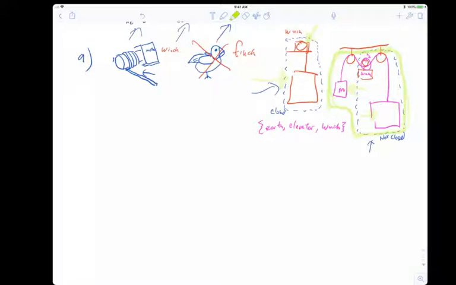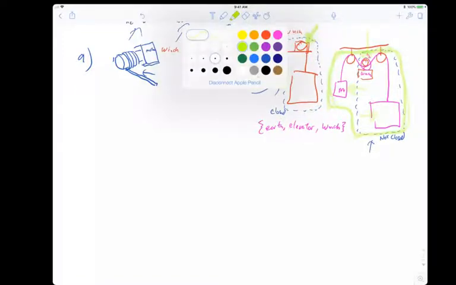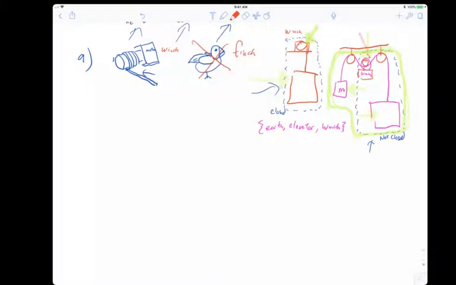So in this case, the winch needs to use less energy to get the elevator up and down than in this case. So this one takes the winch less energy, and this one takes the winch more energy. Well, that's neat. But that's not what the question's asking.